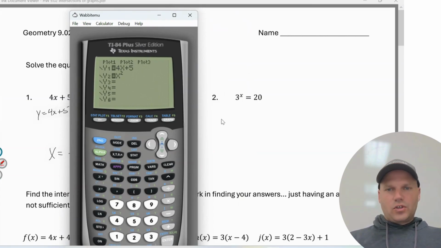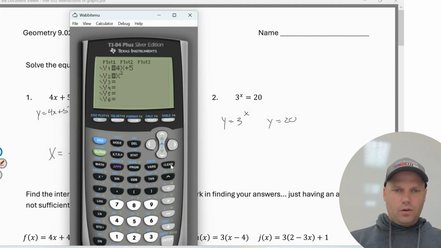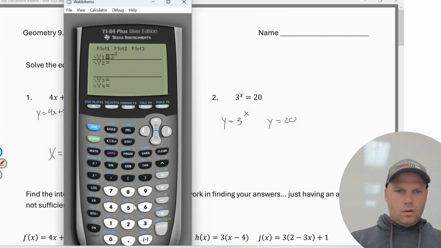To graphically solve any equation, you graph y equals 3 to the x and y equals 20. You split this up into two different equations. Graph.